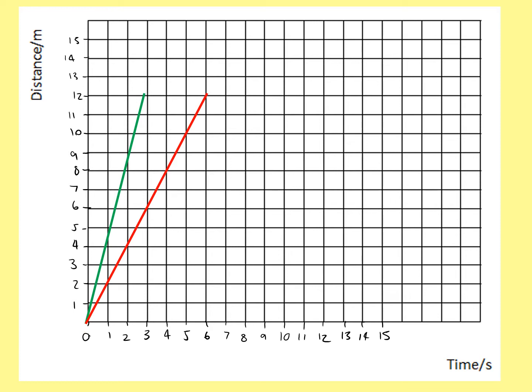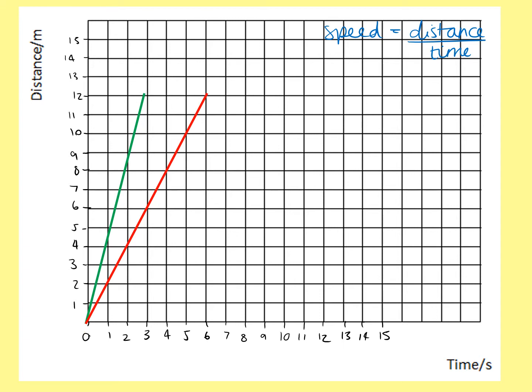So let's start with the red line. I'll use a red pen. Let's remind ourselves that speed is equal to the distance covered divided by the time taken. Speed equals distance divided by time. Speed is measured in meters per second, and that means how many meters does that object go every second.